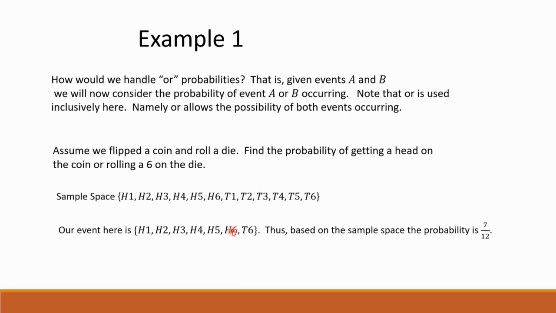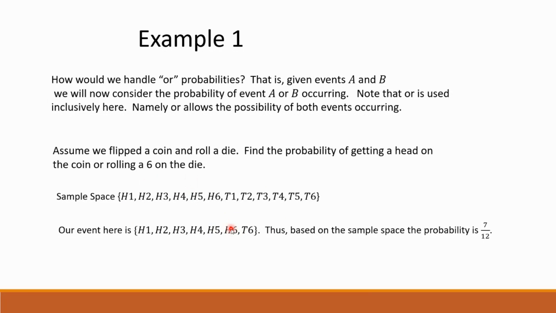But notice this event here, H6, would be in both outcomes. This here you can obtain from the coin landing heads up. The 6 here tells us it comes from rolling a 6 on the die.